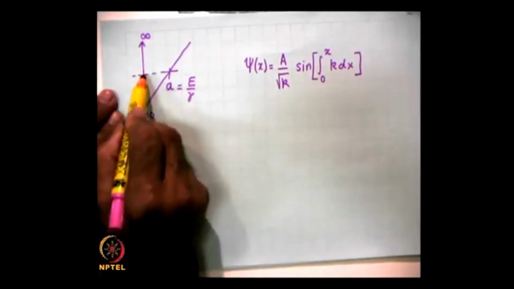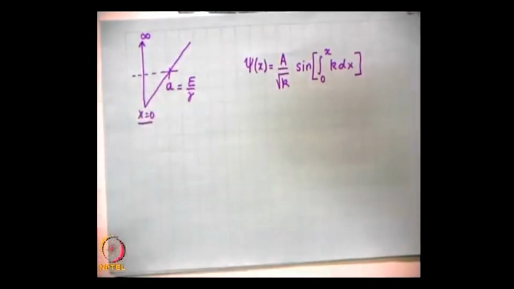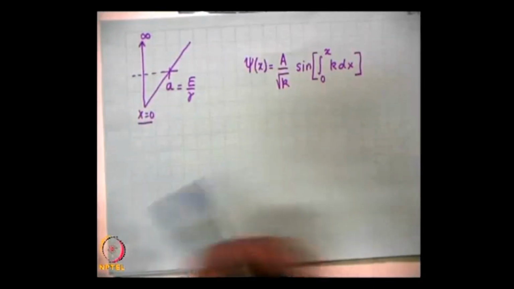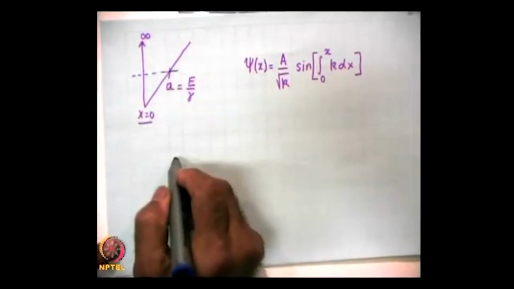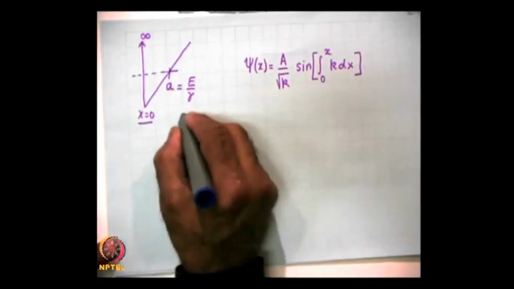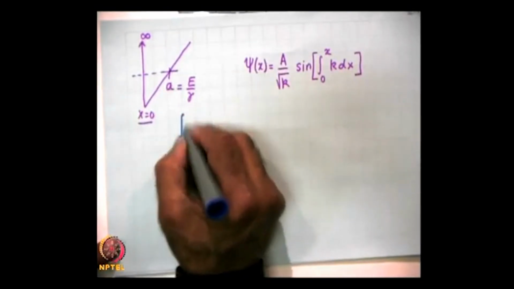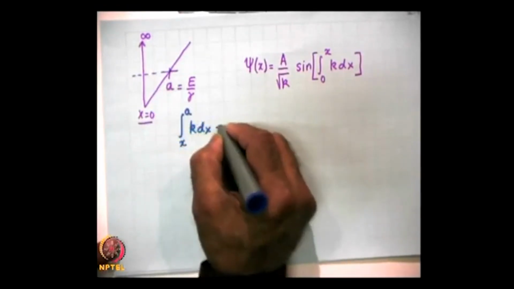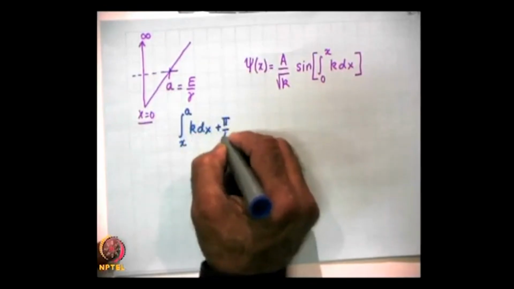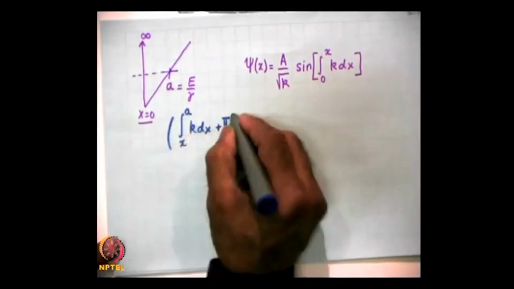Now I must put the argument looking towards the turning point a, so that the argument should be the integral from x to a of k dx plus pi by 4. This should be the argument.